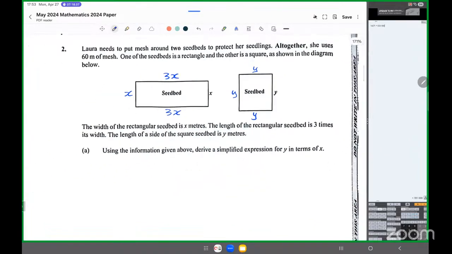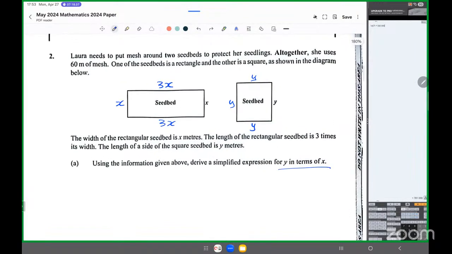Question says, use the information above to derive a simplified expression for Y in terms of X. Y in terms of X means you must make Y the subject. The information we have is that you're using 60 meters of mesh, so the total perimeter must be 60 meters.